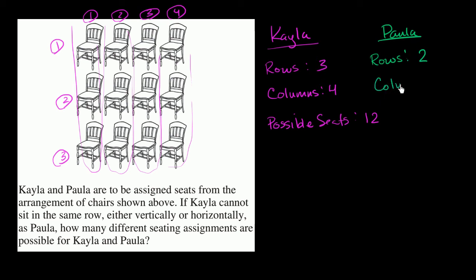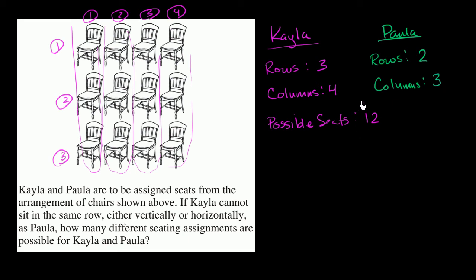Now, what about columns? Well, the exact same logic. She could sit in any column except for the column that Kayla picked. So if Kayla picked the third column, then Paula has to sit in either the 1st, 2nd, or 4th column. So there's a total of 4 columns. Kayla's going to take up one of them, so Paula's going to have 3 options.